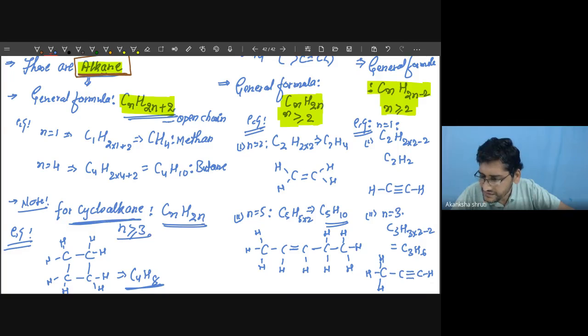Minus 2, yes, so 3 into 2 is 6, minus 2 is 4, so it is H4. Okay, students? So it is C3H4. This is the structure. I have drawn C3H4. You can count, with the 3 carbons, there are 4 hydrogens. It is this structure.